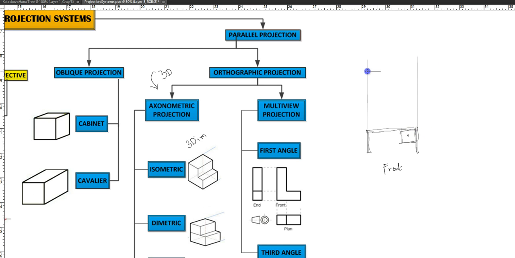So this is going to be the top part of the desk. Just going to make it a little bit darker so it's easier to see.